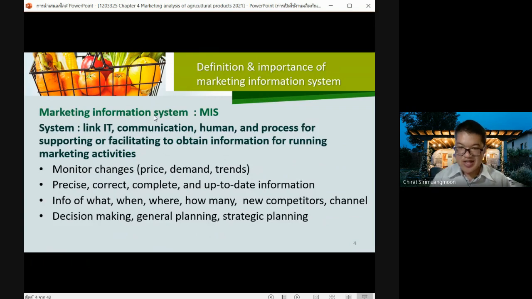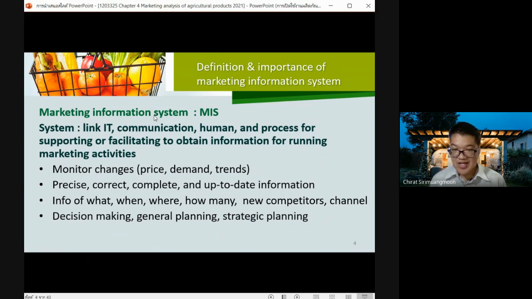So what is actually MIS? MIS is a system used to link IT, or information technology, and communications between people in the company, or even people outside the company. We also need to link the human resources inside the company and outside the company, and also the processes.